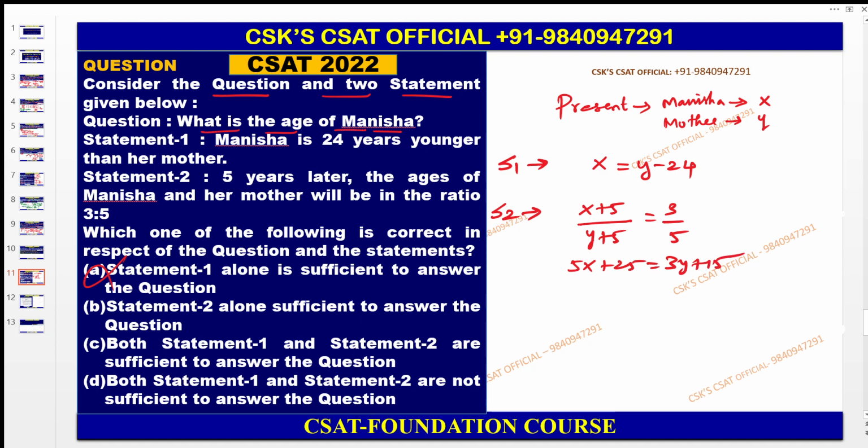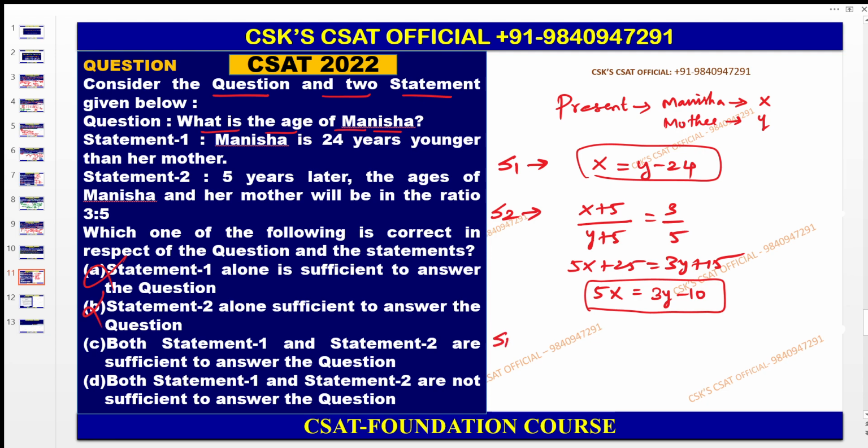Then 5x is equal to 3y minus 10. This equation we can make. With this also we can't say anything. So statement number 2 is also eliminated.